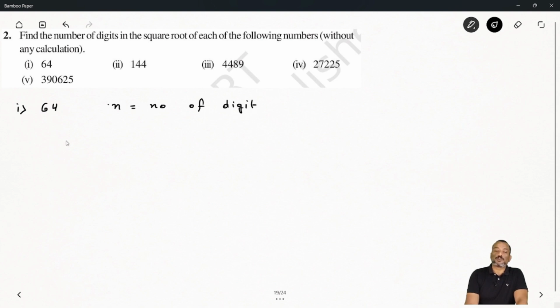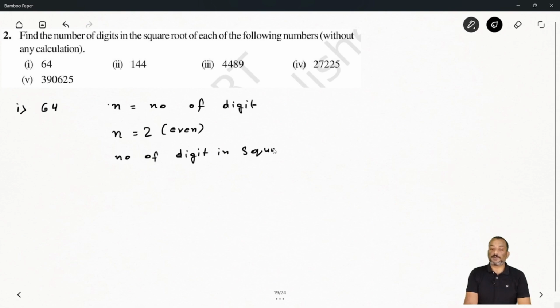Okay, so how many digits do we have? N is equal to 2. Now you have to consider whether n is even or n is odd. If n is even, then the number of digits in the square root is equal to n by 2.